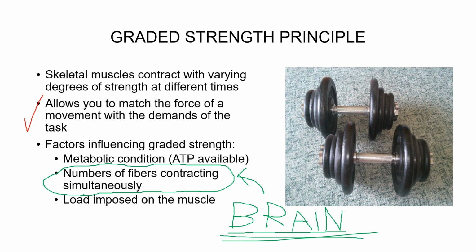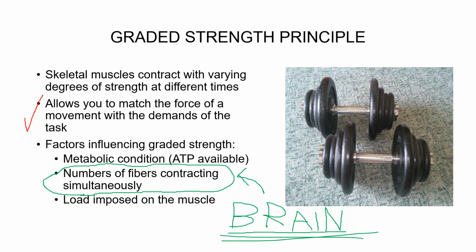There are experiments where people listen to classical music and do a workout, and then they listen to punk rock music and do a workout, and there's a great difference. So I'm not telling you to listen to angry music with very provocative words in it or anything like that. I'm just saying the graded strength principle is dictated by how your brain controls your muscle connections, your synapses.